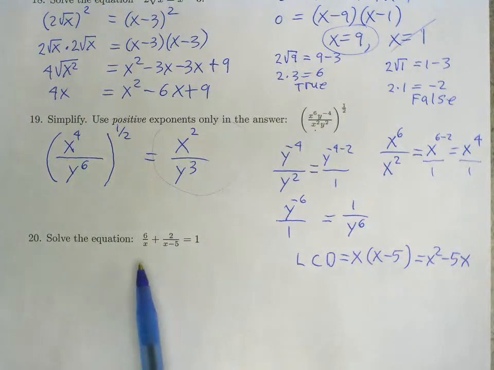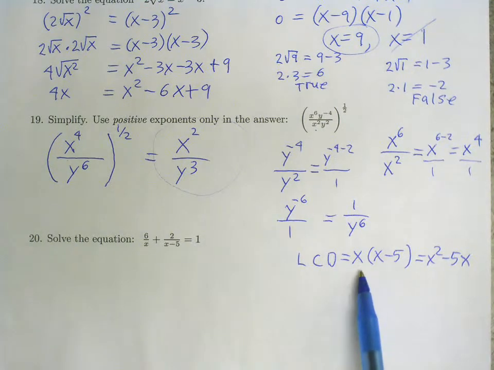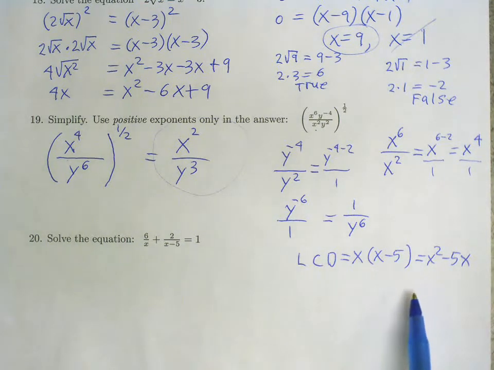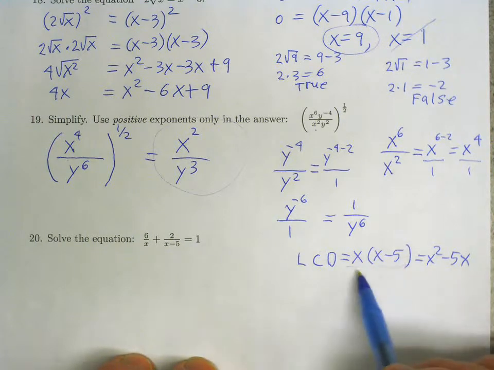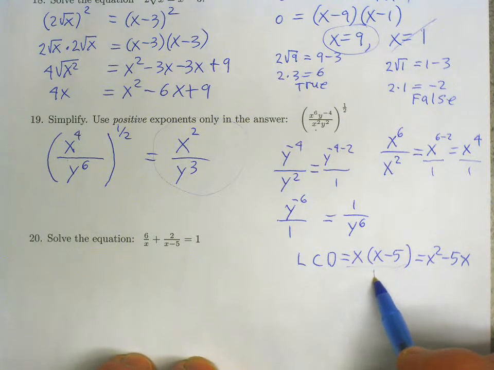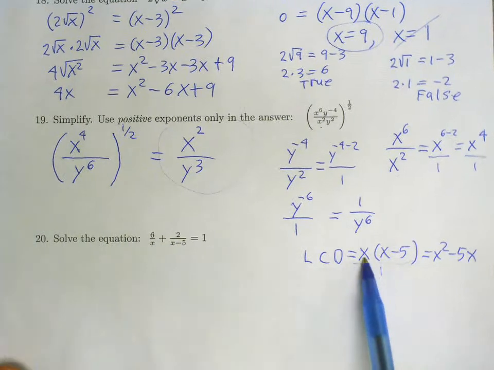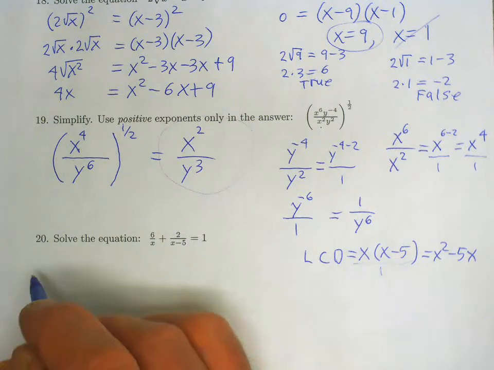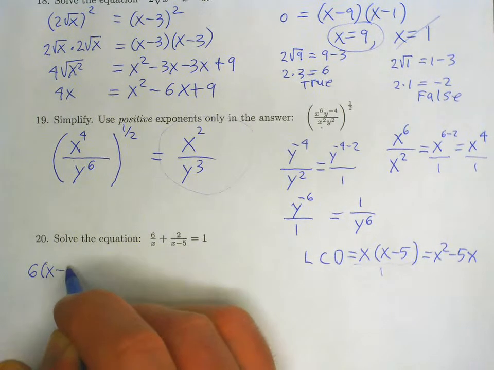But now we multiply every term on both sides of this equation by the least common denominator. So in factored form, if I multiply x times x minus 5 over 1 by 6 over x, the x's cancel. X divided by x is 1. So we get 6 times x minus 5.